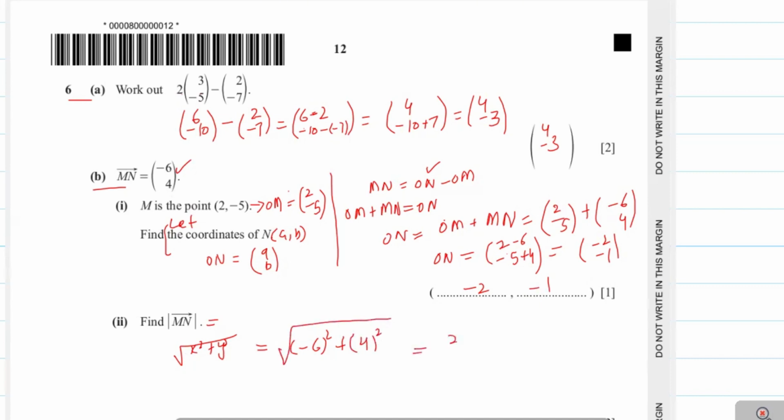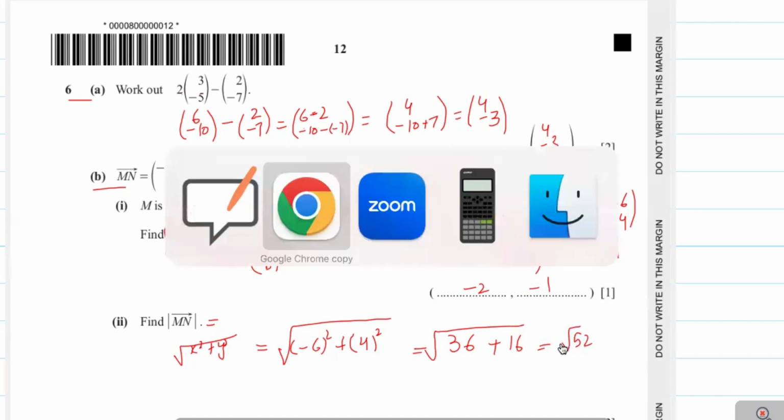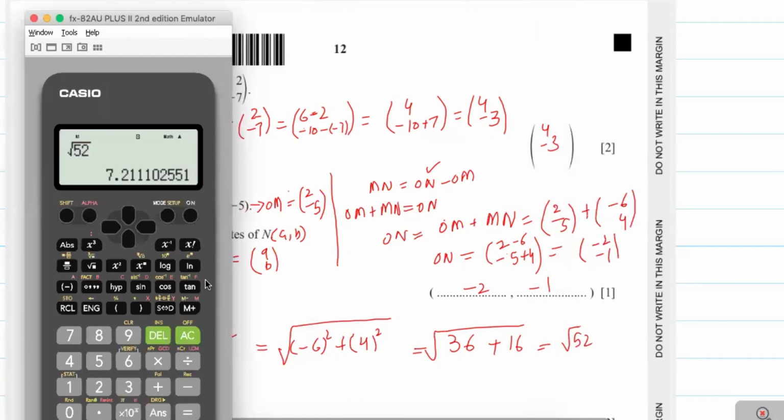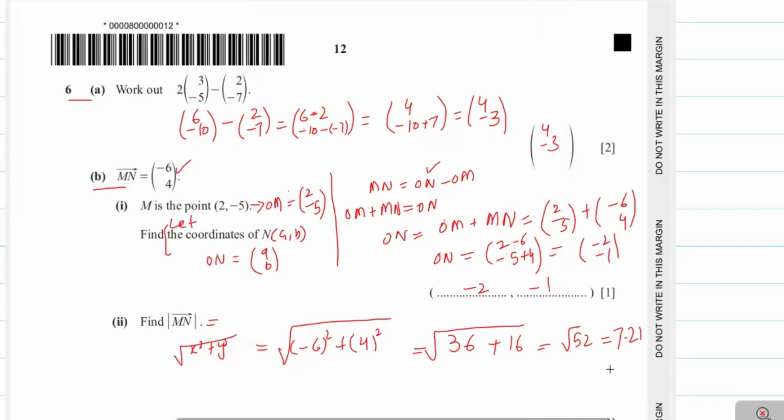This value becomes the square root of 36 plus 16, which is the square root of 52, and we calculate this value: 7.21, and this is the answer.